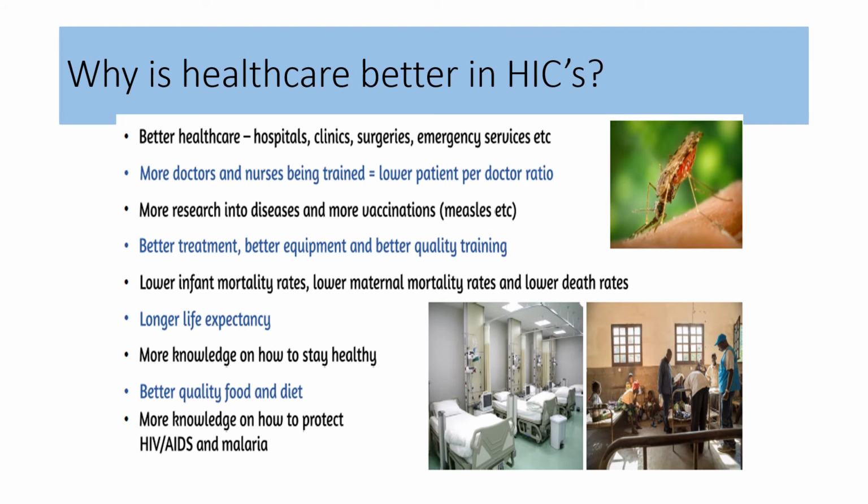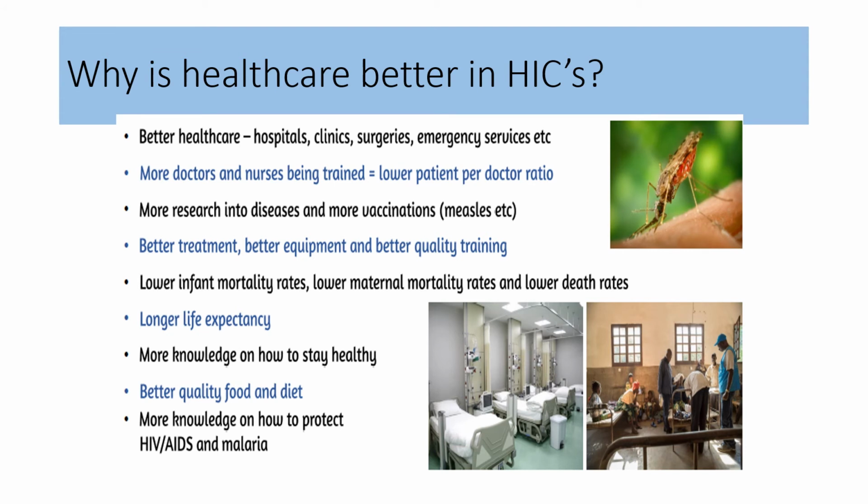We have a very good education system where we can train up doctors and nurses, and we've got plenty of them, which means a lower patient per doctor ratio. So for each doctor in your area, they might have a few hundred patients. But for a doctor in Malawi in Africa, they might have tens of thousands of patients, so very long waiting lists. We do a lot of research into diseases and develop vaccinations.